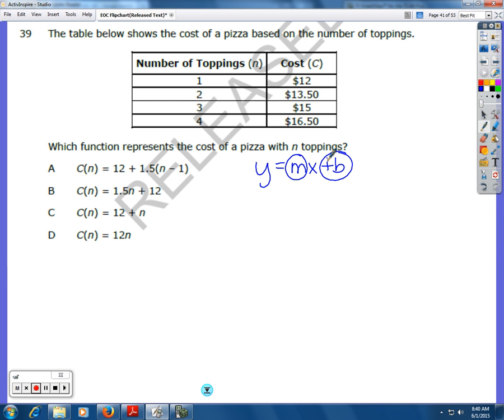I know that my slope is going to be the change in y divided by the change in x, because that's what slope is. So up here on my chart, as the toppings increase by 1, the price increases by $1.50 every time.